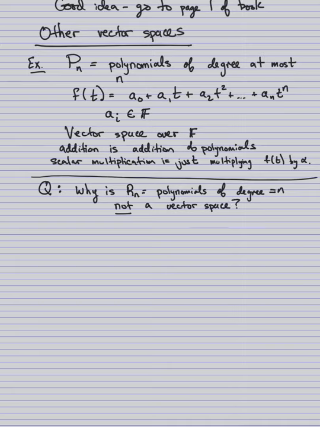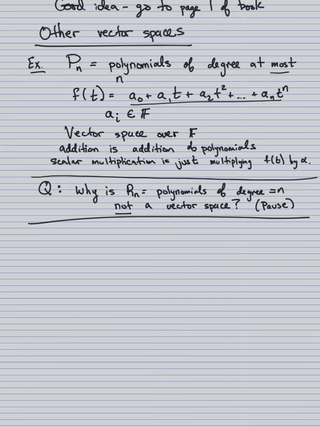Notice here I said at most n, so I had polynomials up to n, but I could have taken just a polynomial like 1 plus t, or 1. So if I make it have to be equal to n, why do I not get a vector space here with the same addition and multiplication? Okay, so I'm going to pause here.